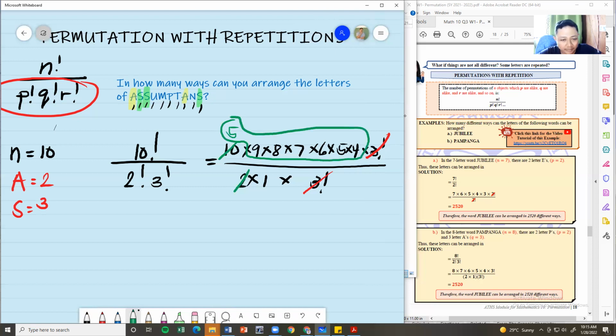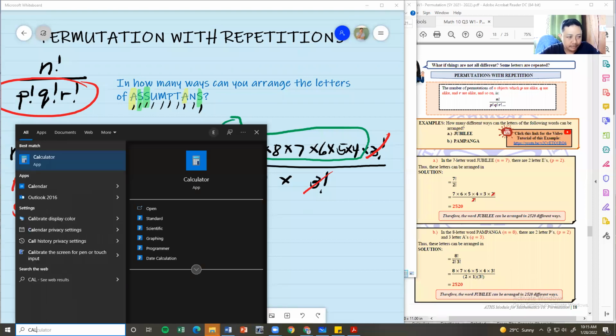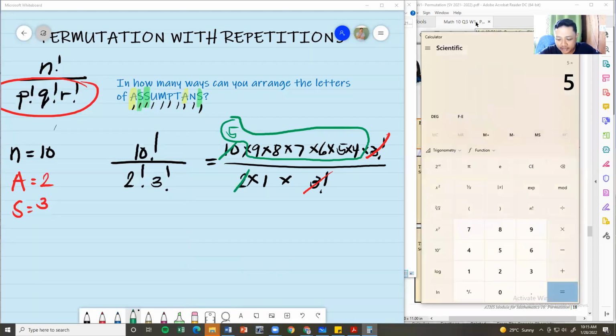Let's press that in the calculator, please. 5 times 9 times 8 times 7 times 6 times 5 times 4. Type in the chat box when you're done. Let's see if we have the same answer.